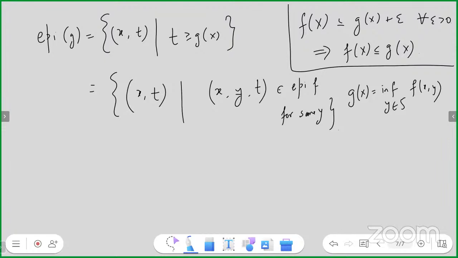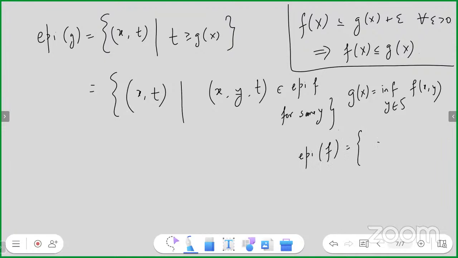Now, why is this true? This is by definition. What is t greater than or equal to g of x? G of x itself is inf over y of f of x comma y. So just plant it there. There's nothing really going on. So this belongs to epi of f for some y. What is epi of f? F is a two-dimensional function. Just write epi of f. It will clear up everything.